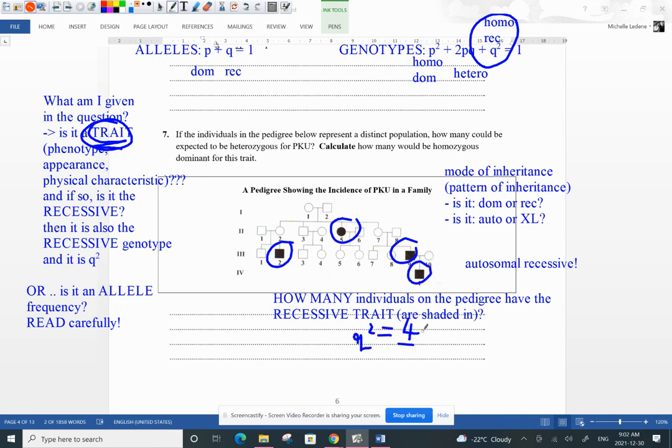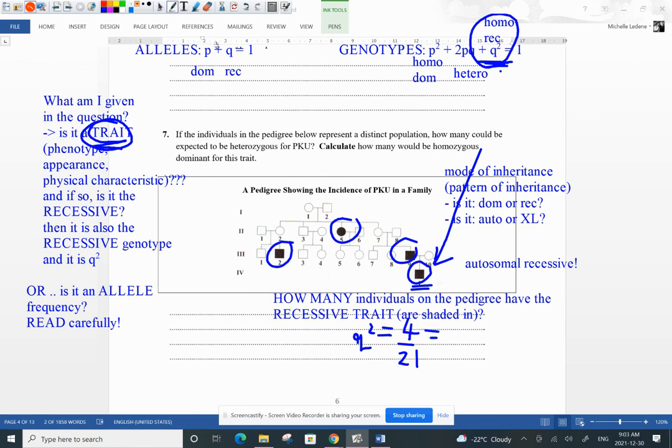Count up how many individuals there are in the entire pedigree, and you will see there are 21. So, ta-da, q squared, that's our homozygous recessive individuals. With recessive, you have to have 2 copies of the recessive allele to have the recessive genotype. Once you have the recessive genotype, you get the recessive trait and you're shaded in.